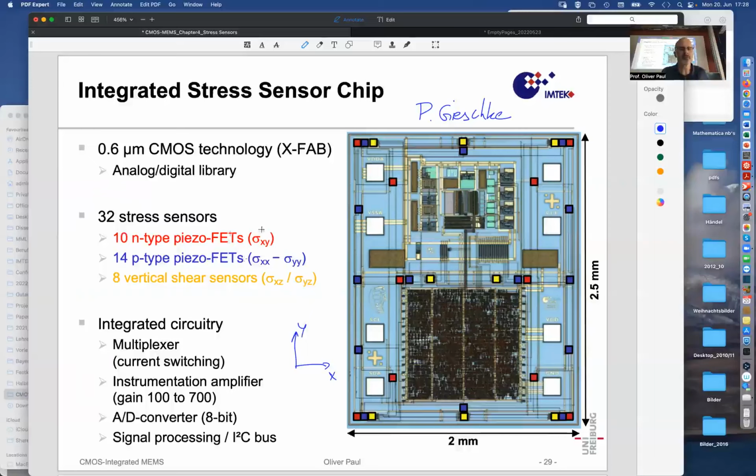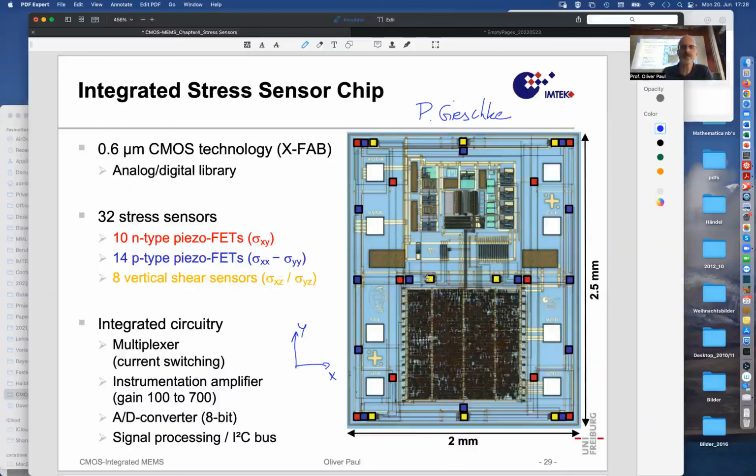So NMOS for measuring shear stress, 14 p-type or p-channel piezo FETs for measuring sigma xx minus sigma yy. And then it also had, shown in yellow here, these 8 vertical shear stress sensors, with the direction sigma xz and sigma yz for the measured shear stress.